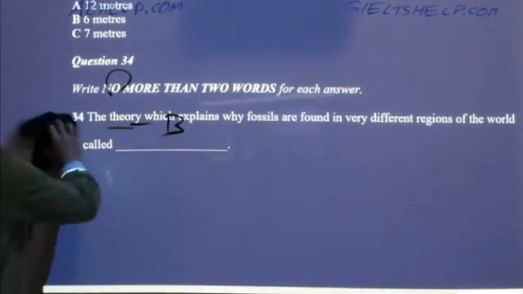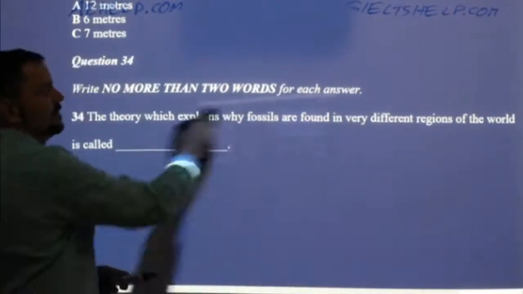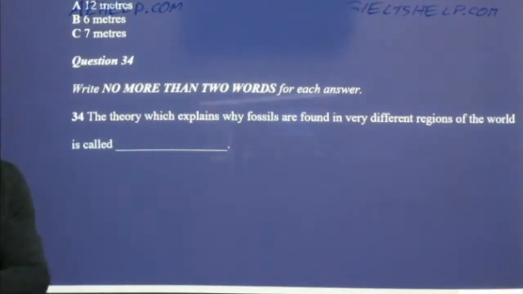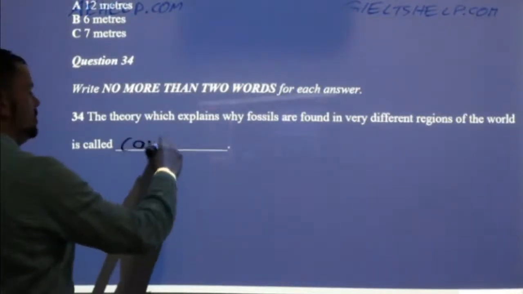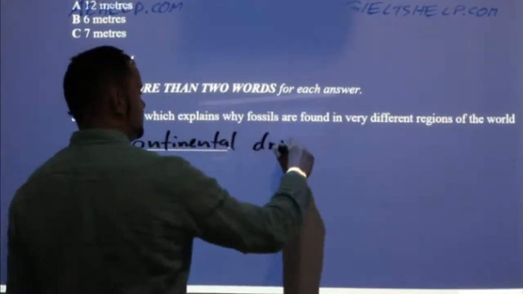Number 34, the theory which explains why fossils are found in very different regions of the world is called what? Sammy says it's called continental drift. That's right. Yeah, the drifting of the continents. Very good. Continental drift.